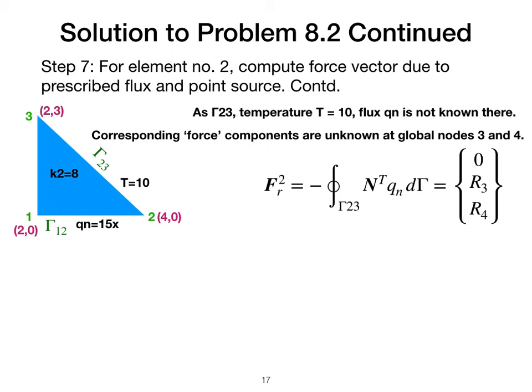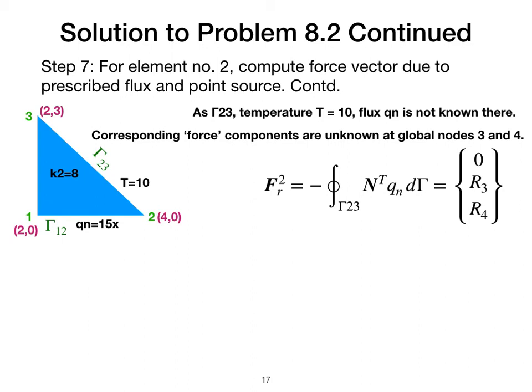So F2R is the force vector due to this unknown Qn, and F2R will be equal to minus closed integral of N transpose times Qn integrated over the whole boundary gamma 23. Since Qn is not known, we will assume F2R to be equal to a vector containing 0, R3, R4.